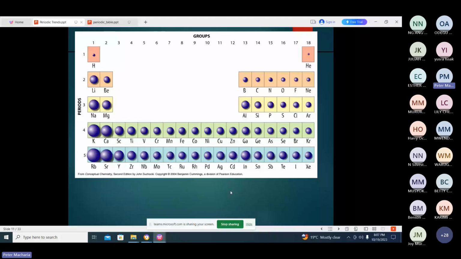Usually those elements do not lose or gain electrons. They usually form their compounds by sharing their outermost electrons. So they form what we call molecular compounds.